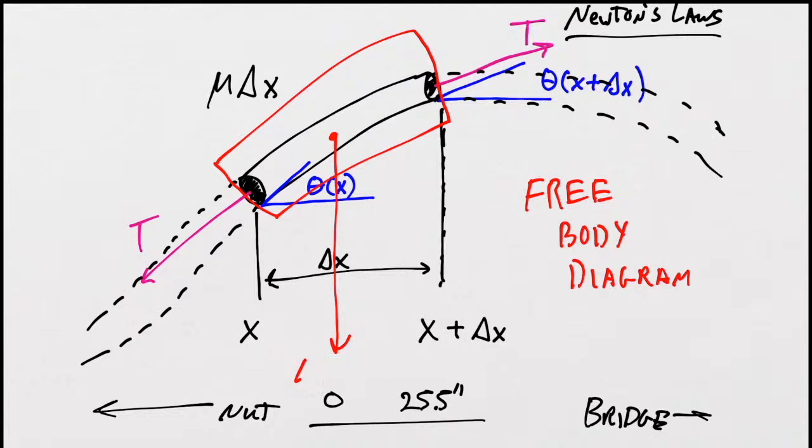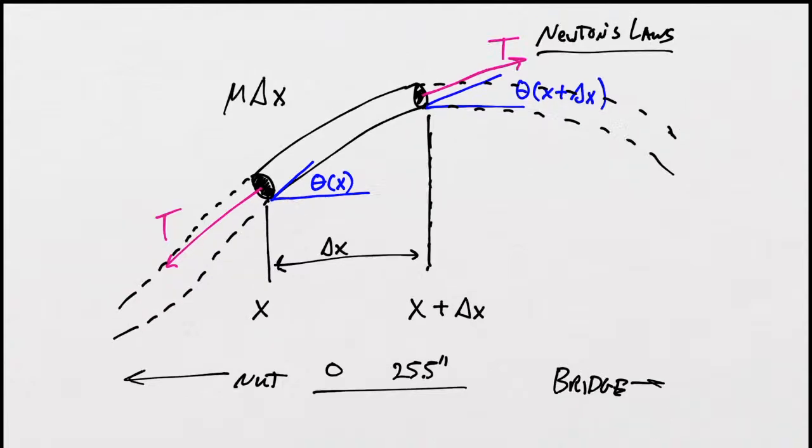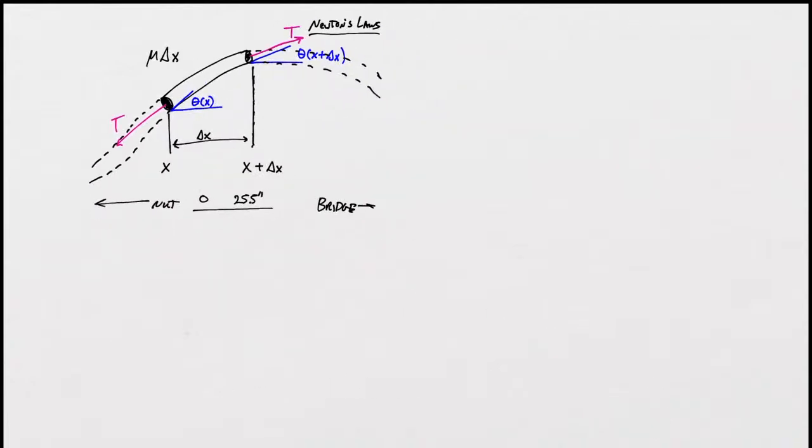Okay, I think I'll get rid of the free body diagram too, because that was just to illustrate the idea that we're not cutting the string. And let's see, I will now select everything and sort of shrink it down and move it over there.